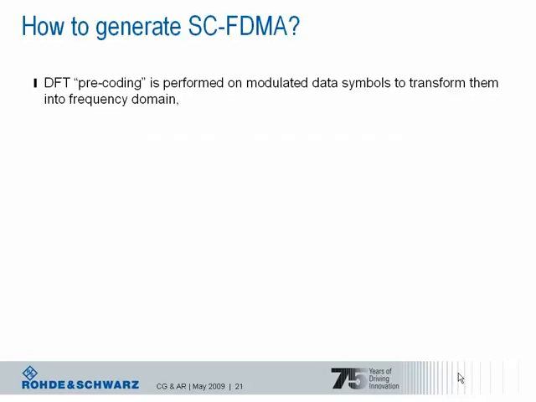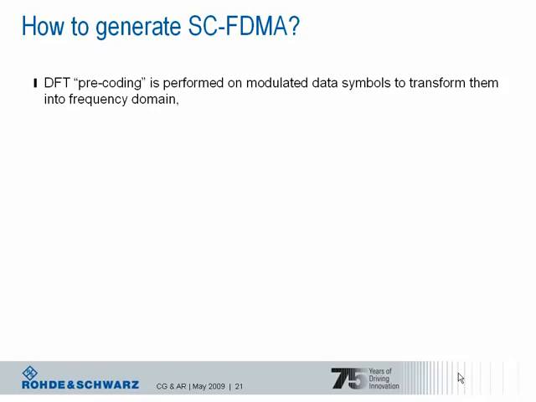Now, how is a single carrier FDMA signal generated, from a high level perspective? First of all, there's another block in the signal processing chain. A discrete Fourier transform is performed on the data symbols after serial-parallel conversion, which transfers them from the time into the frequency domain.